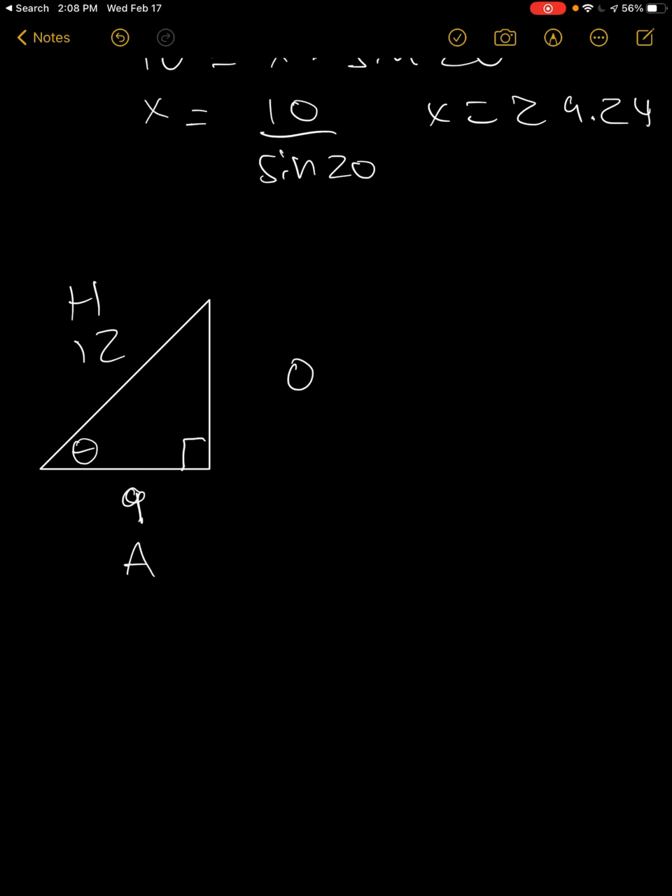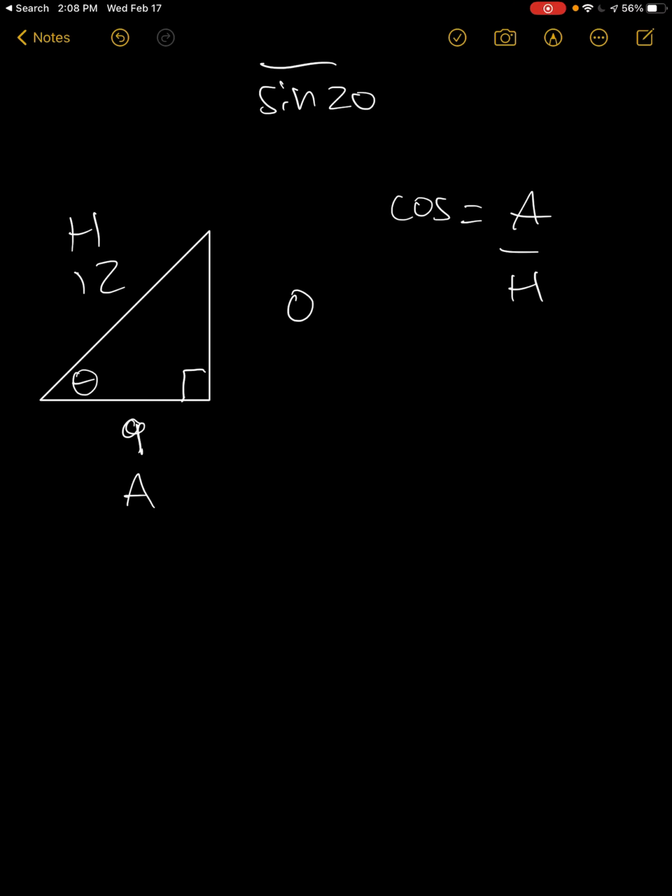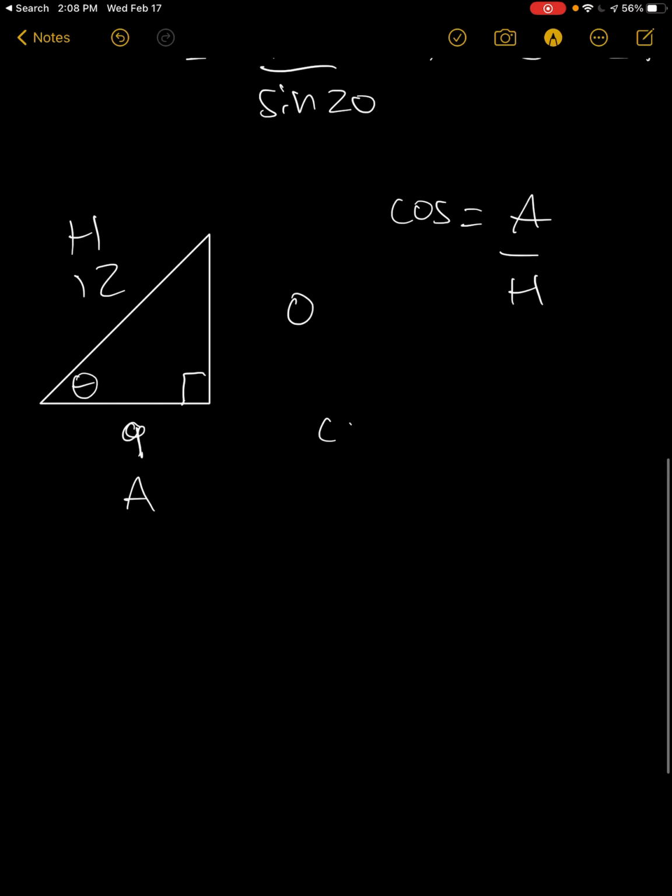So just by looking at what we're given, we can remember that cosine is equal to A over H. So that's the adjacent side over the hypotenuse side. But in this case, we're looking for the angle, so we have to do the inverse cosine. So we write cosine inverse of A over H, and that's going to give you theta.